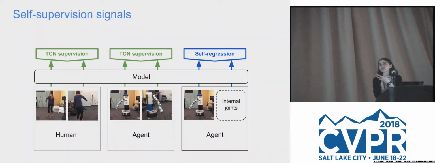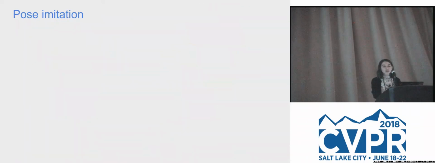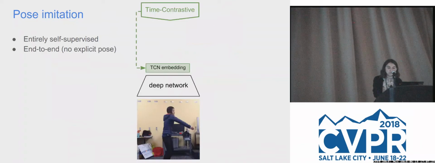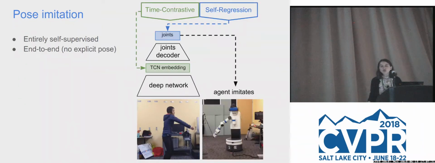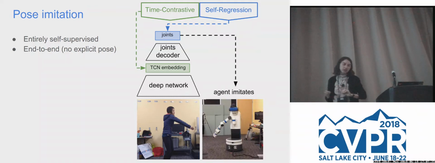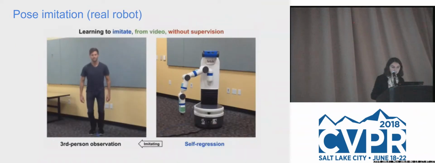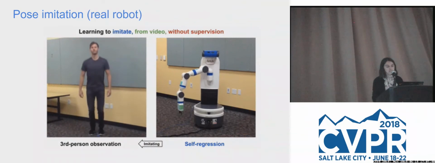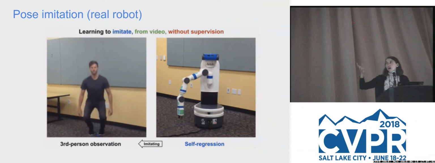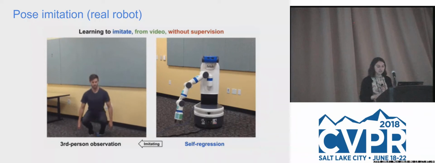Because it has learned that, it's now very easy to imitate the human by using the same joint embedding. Here are some more examples, and they have a web page with a lot of examples of this.